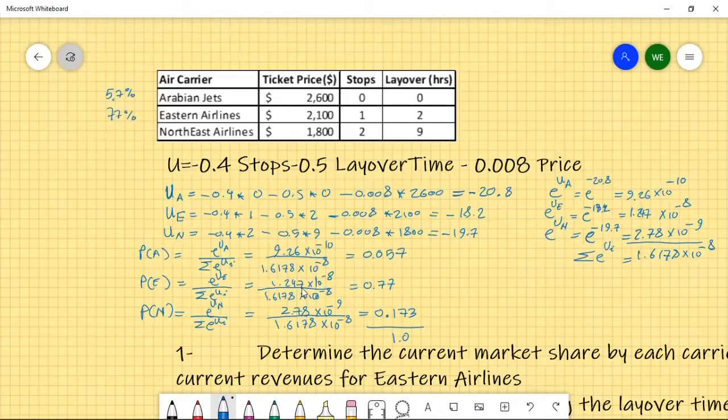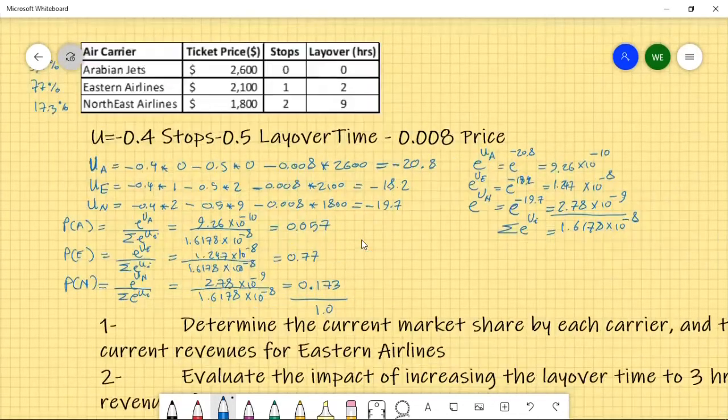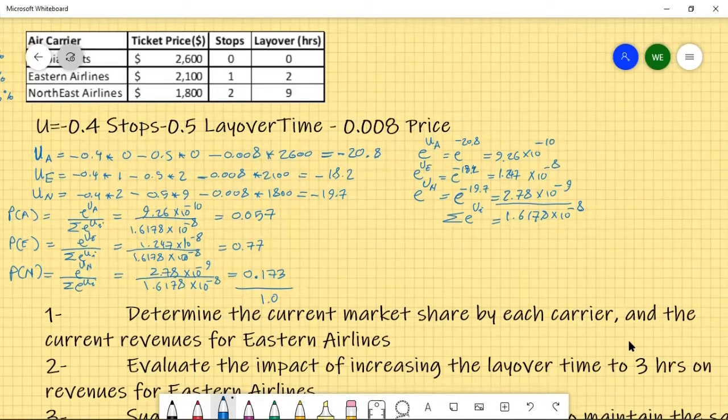For here, we'll have 17.3%. Okay, now we want to translate this into revenue. So here, these are the market share. What we calculated so far are just the market share.